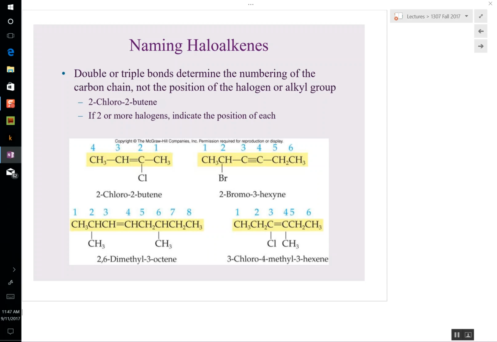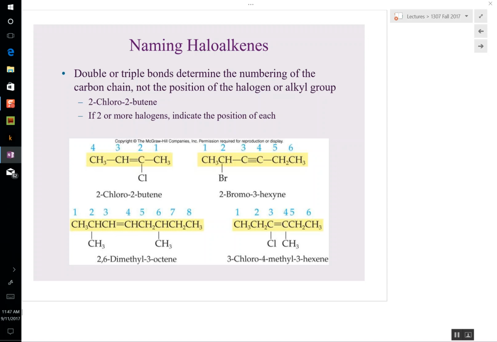Okay, now haloalkenes. We've got either chlorine, bromine, iodine, fluorine, whatever.